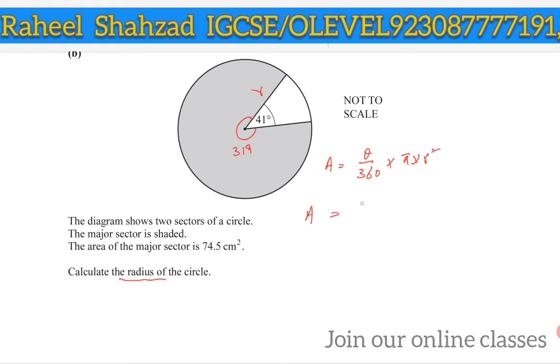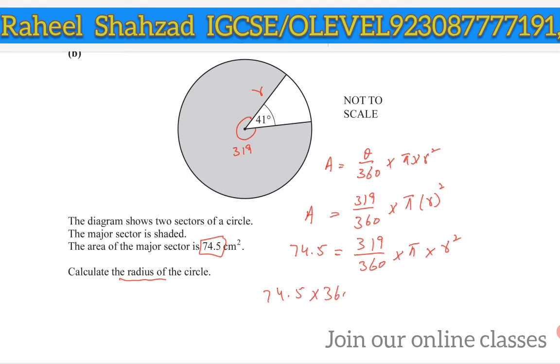So area is equal to 319 divided by 360 into pi r square. We are looking for r. Area is given as 74.5, that is equal to 319 divided by 360 into pi into r square. Okay, 74.5 into 360 divided by 319 into pi is equal to r square.